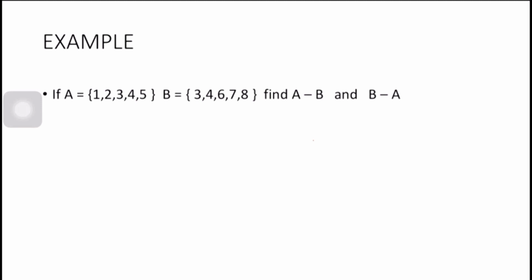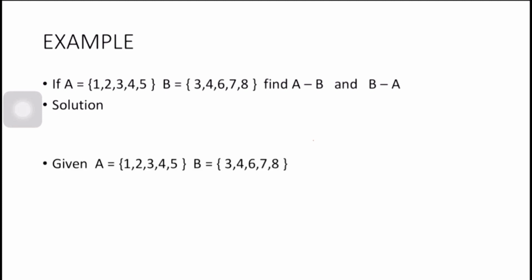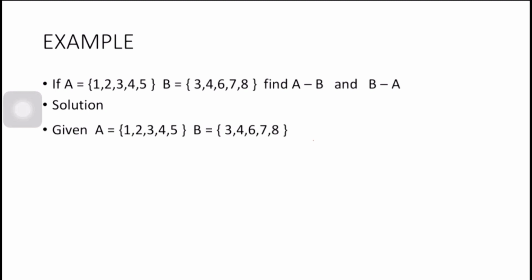Now let us do one example here. Given A is equal to {1, 2, 3, 4, 5} and B is equal to {3, 4, 6, 7, 8}. Find A minus B and B minus A. So first we have to write A is equal to the given set and B is equal to the given set.